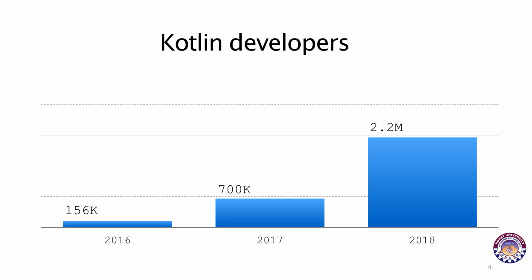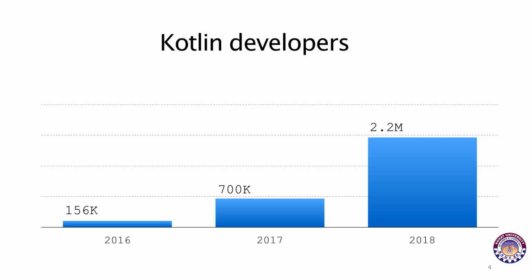So in 2016 there were 156,000 Kotlin developers, whereas in 2017 the figure reaches 700,000, whereas in 2018 it has reached 2.2 million, and it is expected that now in 2020 there are more than 5 million Kotlin developers, and the figure will rise.